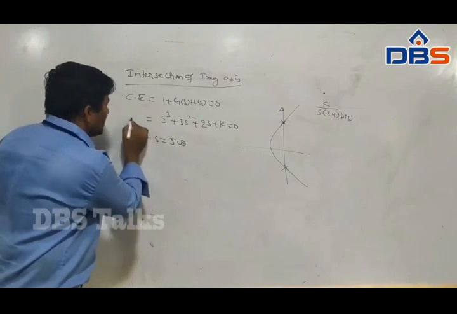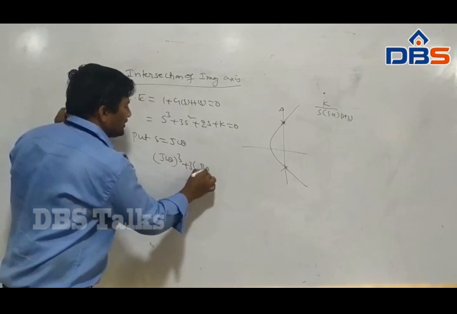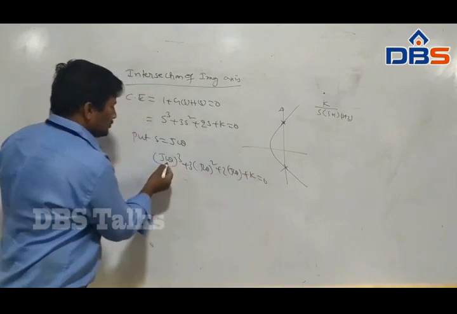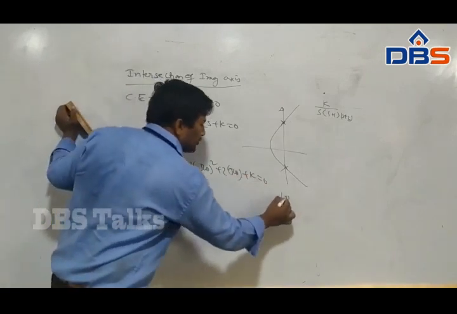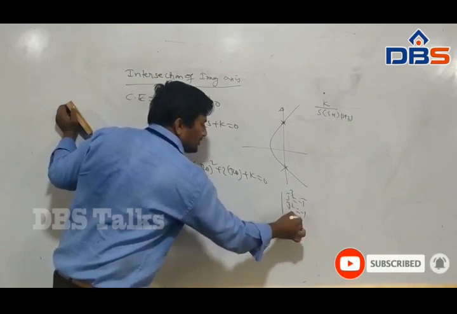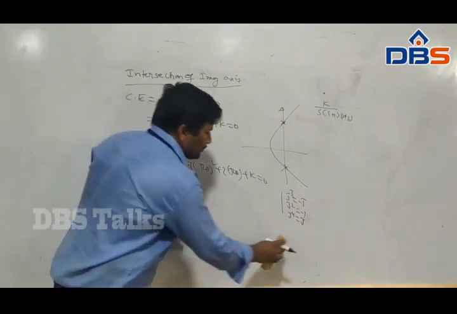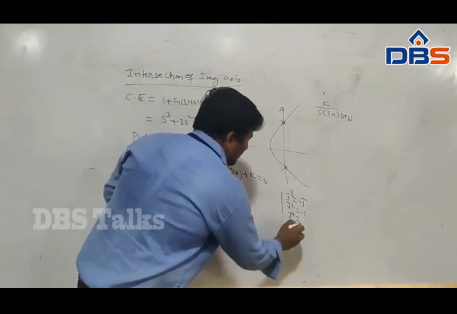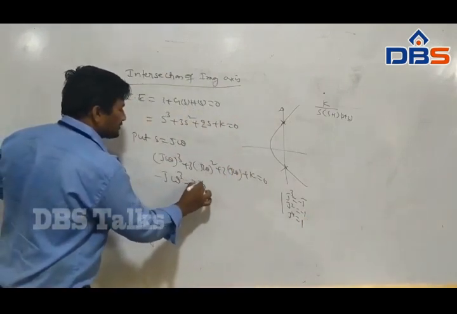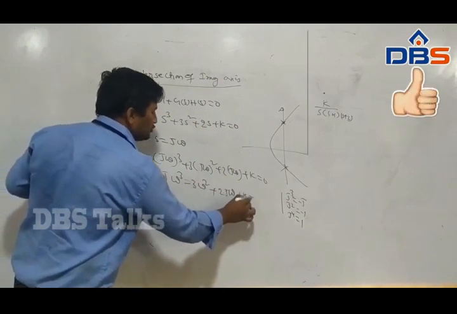So j omega cube plus 3 j omega square plus 2 j omega plus K equal to 0. We know j square is minus 1, j cube is minus j, and j power 4 is 1. So minus j omega cube minus 3 omega square plus 2 j omega plus K equal to 0.